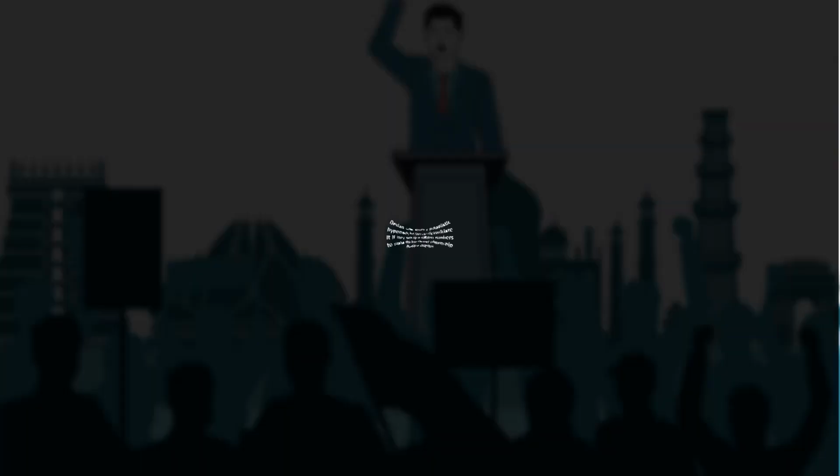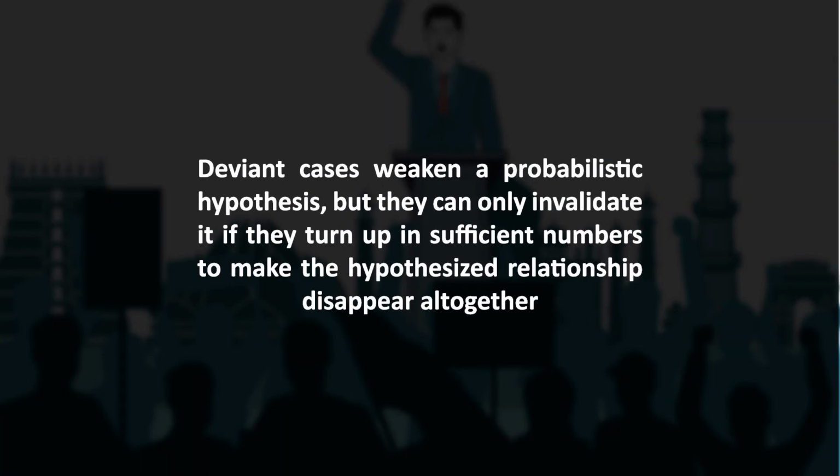But it is nevertheless a mistake to reject a hypothesis because one can think pretty quickly of a contrary case. Deviant cases weaken a probabilistic hypothesis, but they can only invalidate it if they turn up in significant numbers to make the hypothesized relationship disappear altogether.